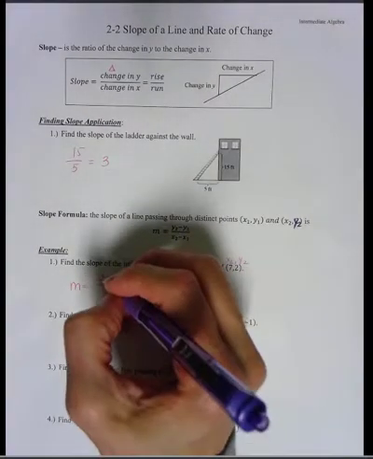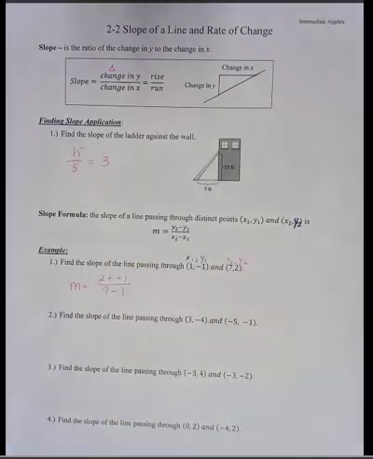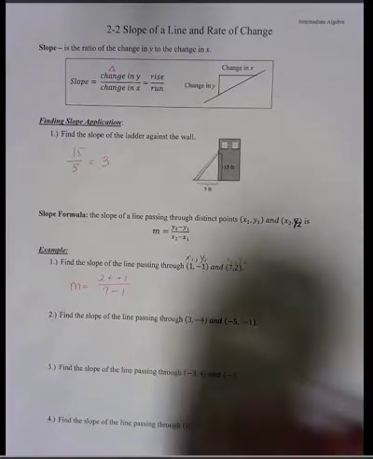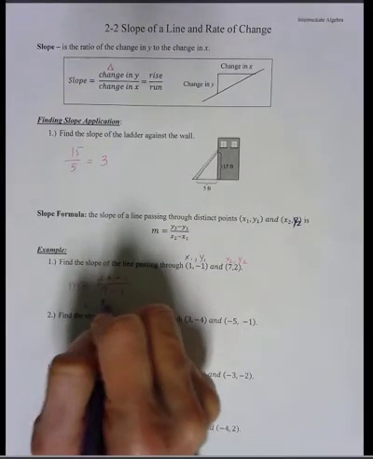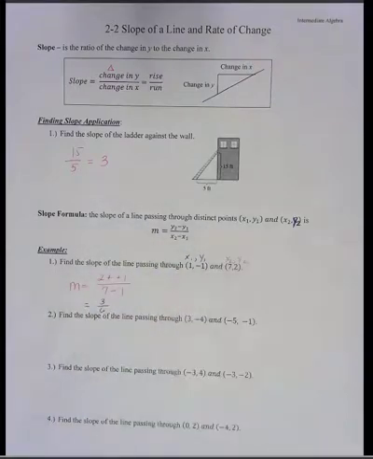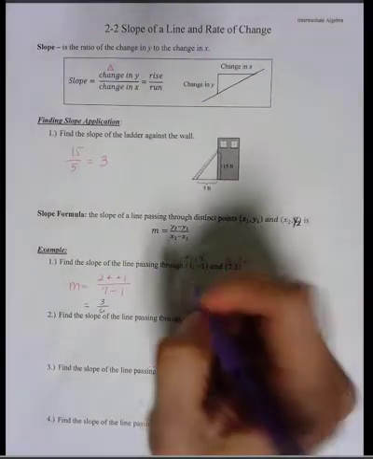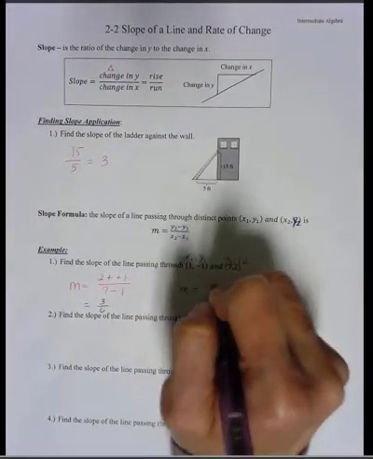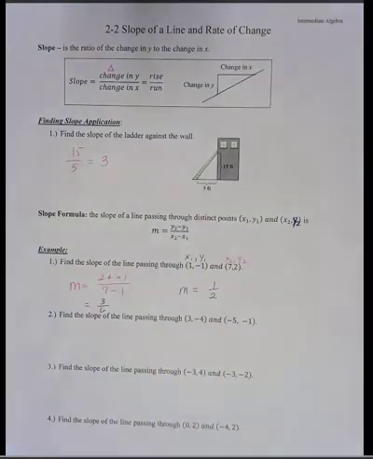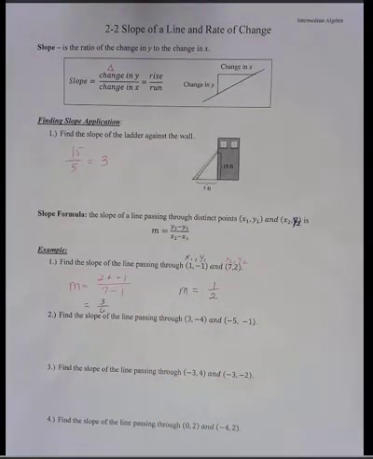Then I have negative 2 minus negative 1, which would be 3, and 7 minus 1, which would be 6. I could leave my answer as 3 over 6, or I could rewrite in simplest form as m equals 1/2.